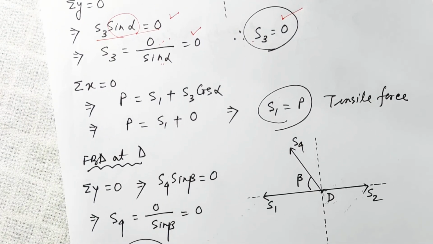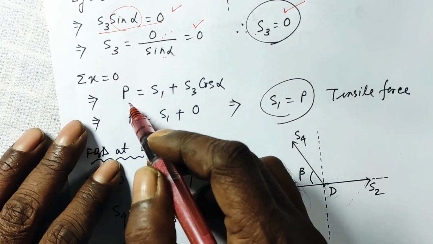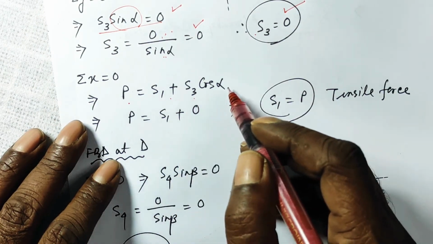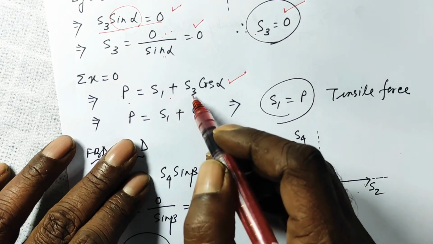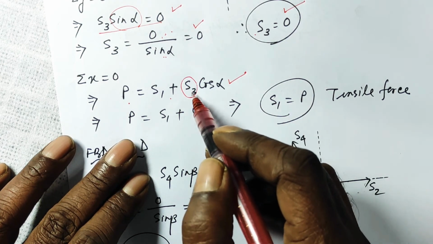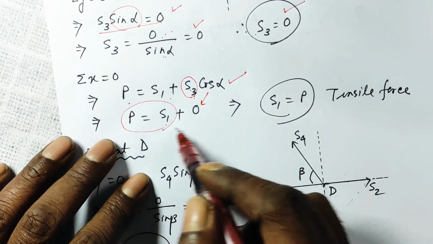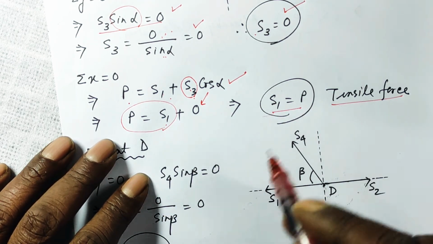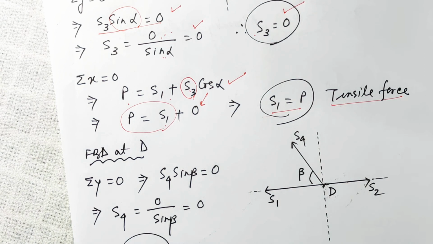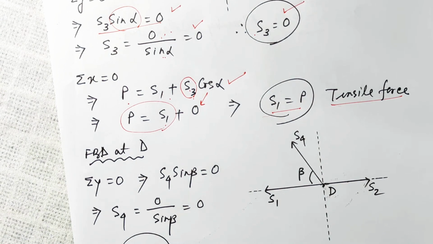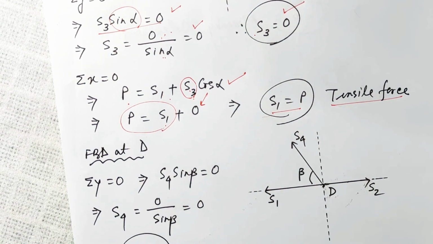So P is equal to S1 plus S3 cos alpha. Since S3 is 0, 0 into cos alpha is 0, so we are left with S1. So P is equal to S1, that is, S1 is equal to P, a tensile force.